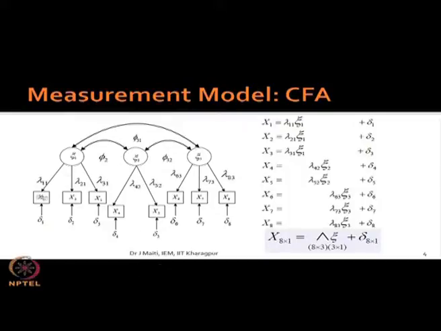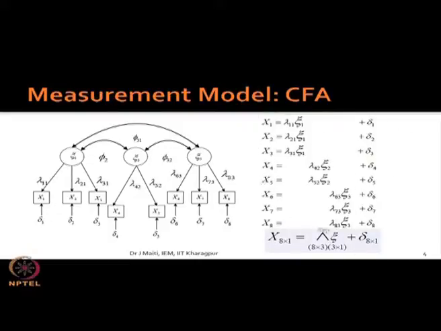In the same manner you have to explain x1, x2, x3 up to x8. What I said verbally is depicted here in equation form. We are saying x1 is represented by lambda 1 1 xi1 plus delta 1. If you think from the regression line point of view, you will get this equation.